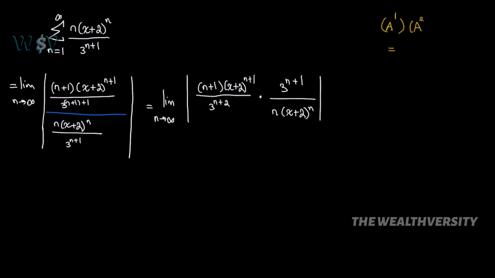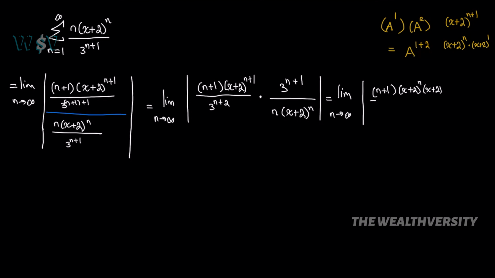So (x + 2)^(n+1) equals (x + 2)^n times (x + 2)^1. We will also apply this rule to 3^(n+1), which becomes 3^n times 3^1. Now we cancel the 3^n, 3^1, and (x + 2)^n.